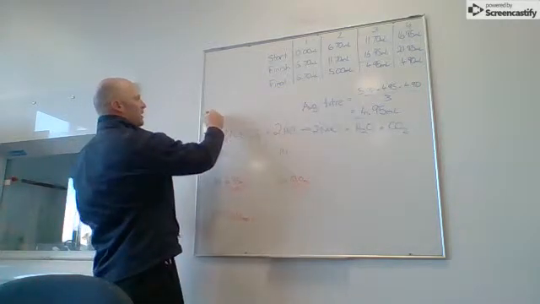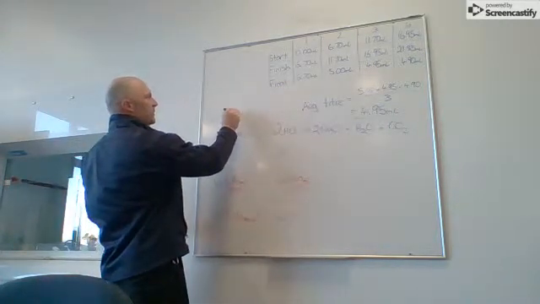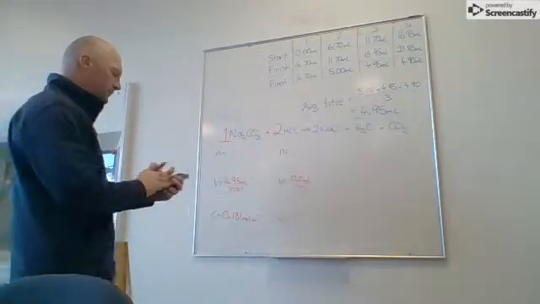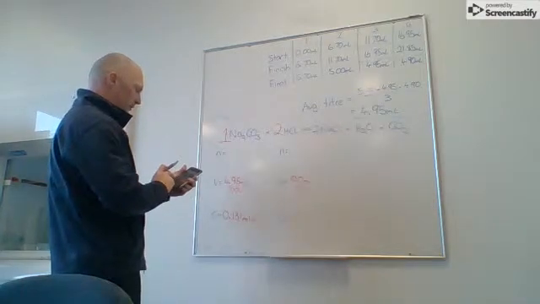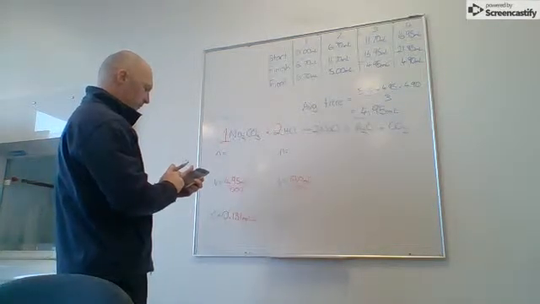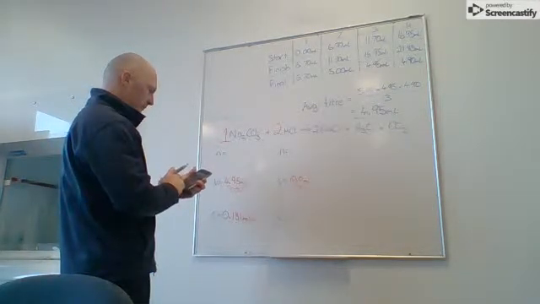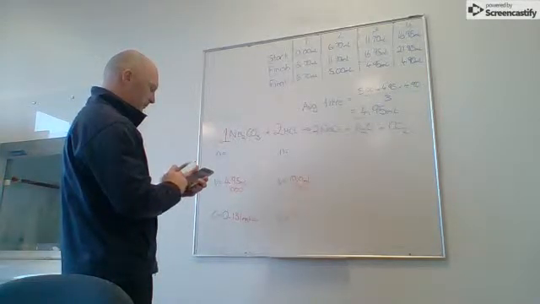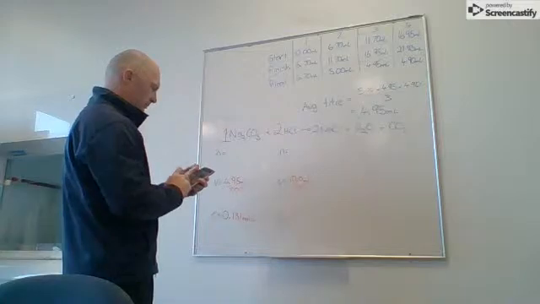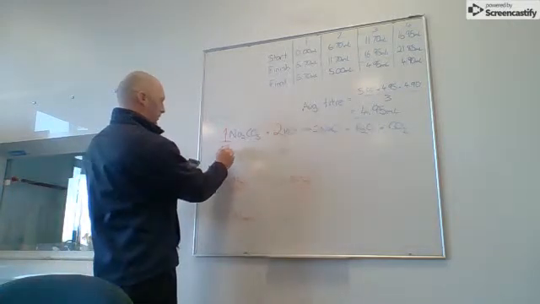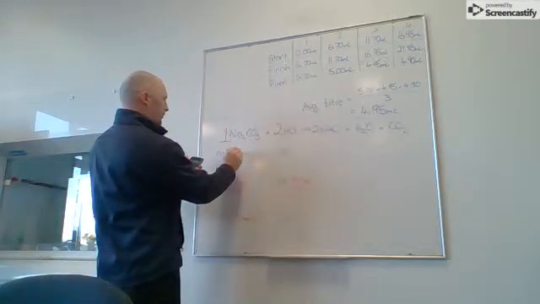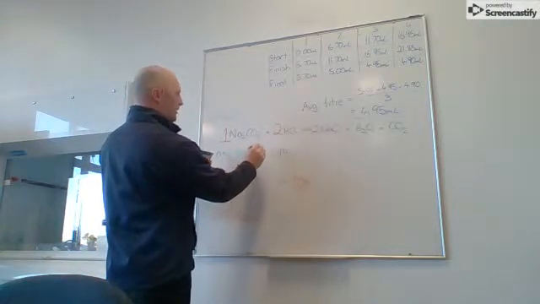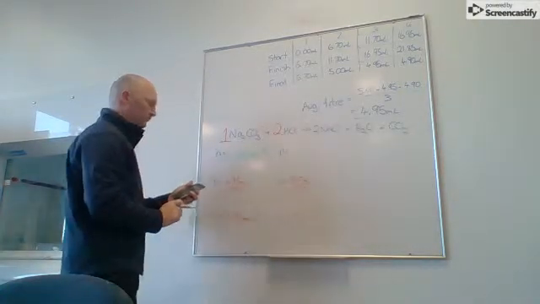So the formula: number of moles equals volume times concentration. Times all that together. 6.4845 times 10 to the negative 4.